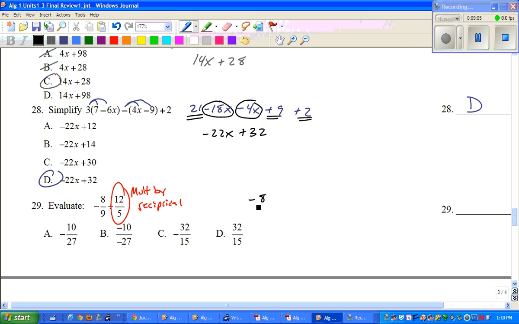Okay, so that's negative 8 over 9 times 5 over 12. Okay, we can do kitty corner reducing. The 8 turns into a 2, and the 12 turns into a 3. And if you multiply them straight across, negative 10 over 27.